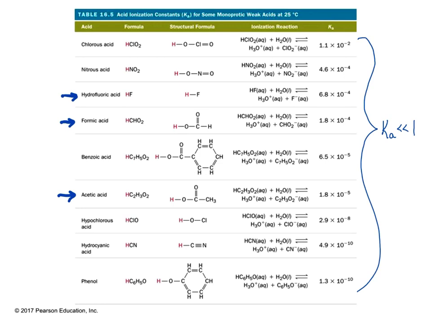As we go down the list, the values are getting smaller and smaller, so the acids are getting weaker and weaker. For instance, acetic acid is weaker than hydrofluoric acid and formic acid. So we can compare acids to each other based on their acid ionization constants.